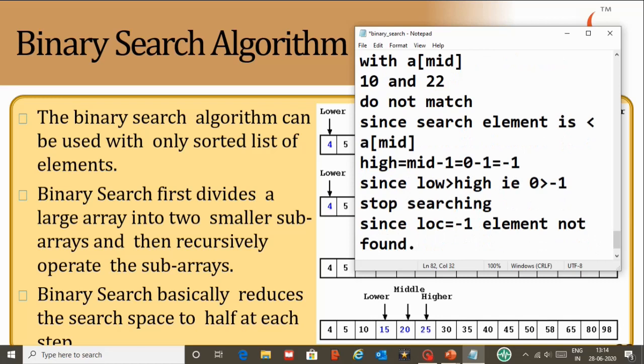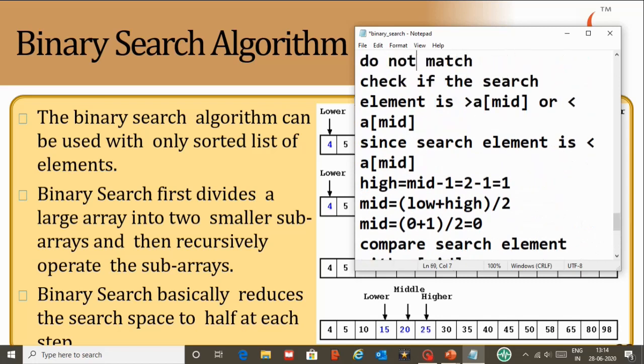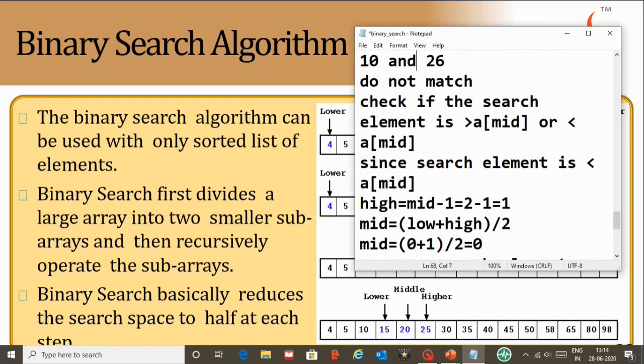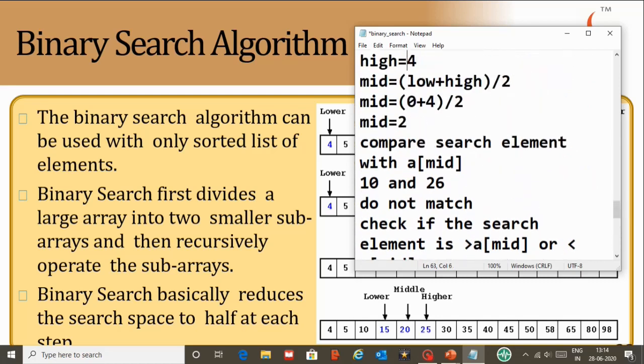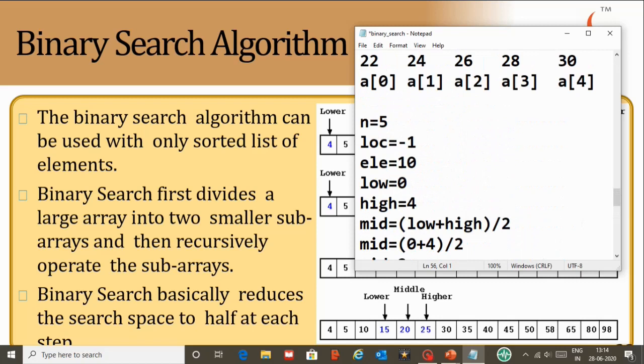Okay, we'll just go through this again. See here, we'll start from the lowest case to the highest. I am saying the elements of the list are 22, 24, 26, 28 and 30.